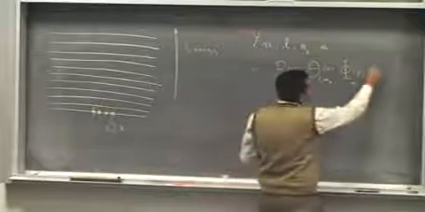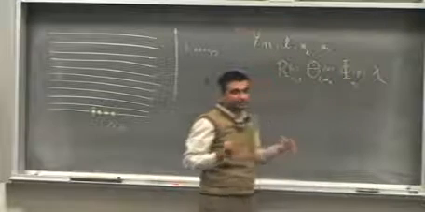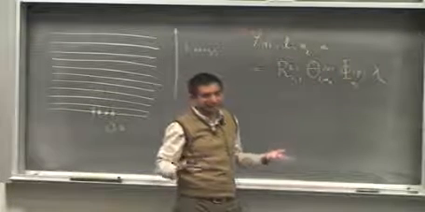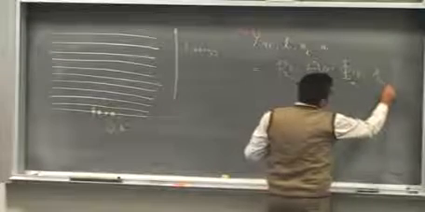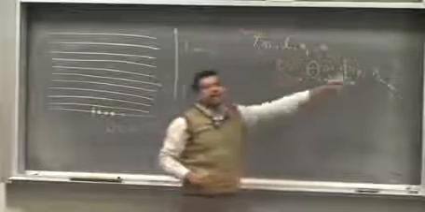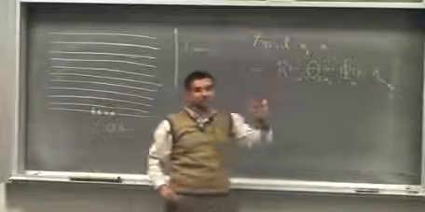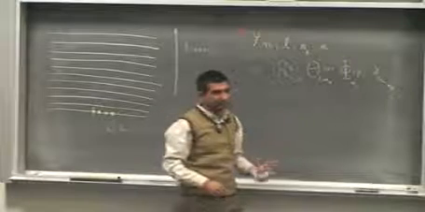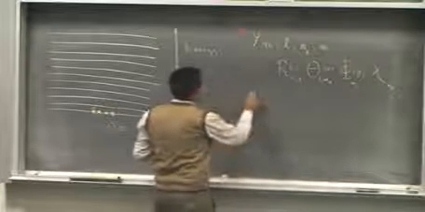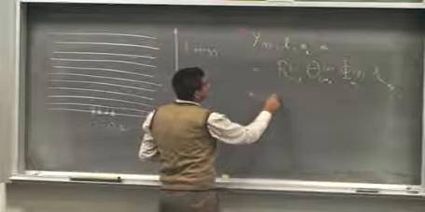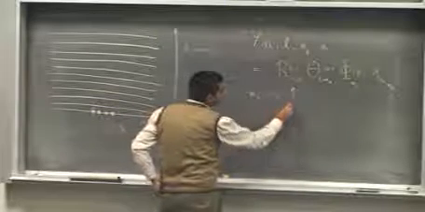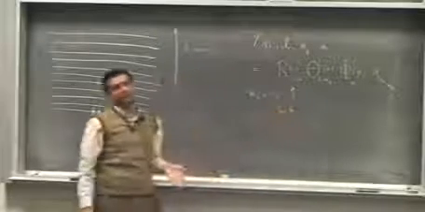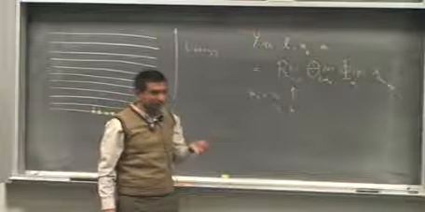Let's denote the spin part by some chi. Chi is some other wave function. I just give it a name chi, and chi depends on ms, and ms can take two values, plus half or minus half. Plus half could be denoted by an arrow pointing upwards, and minus half could be denoted by an arrow pointing downwards. These are just labels, just conventions.